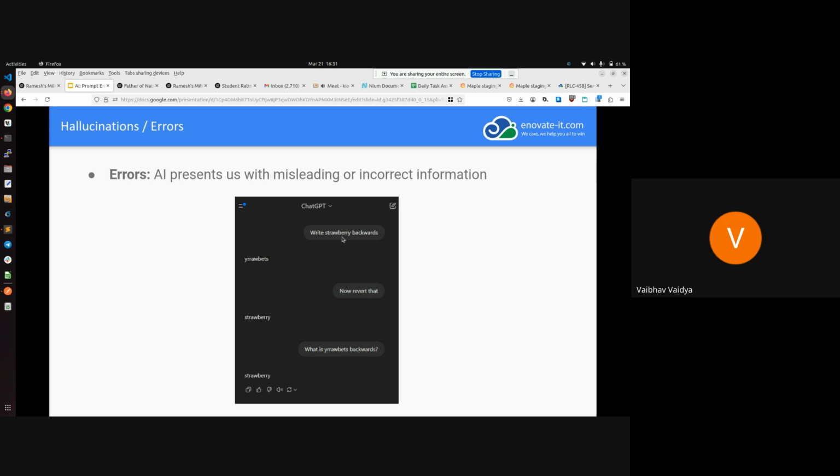Let's see: write the word strawberry backwards. Let's start from the letter S. So S, T. Okay, good so far. Now we expect R, A. Instead, what we get is E, B. So a simple reversal of a string has gone wrong. Now I specified, simply revert that. Again it is claiming that if you reverse this, you're getting the original word back, but it's not.